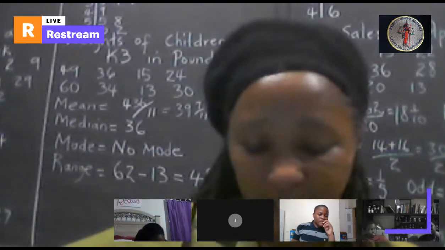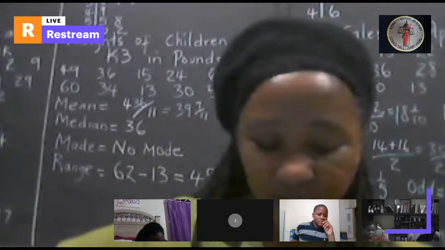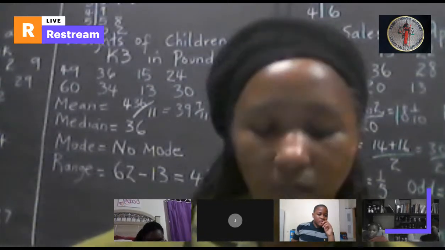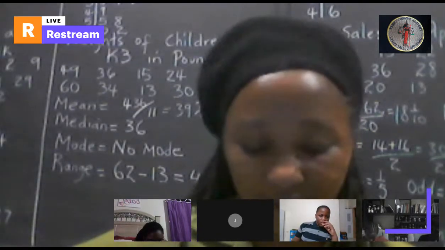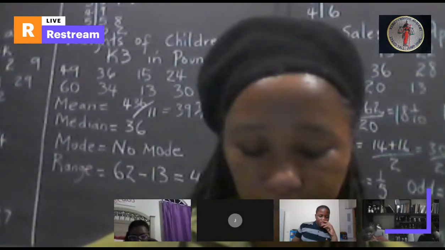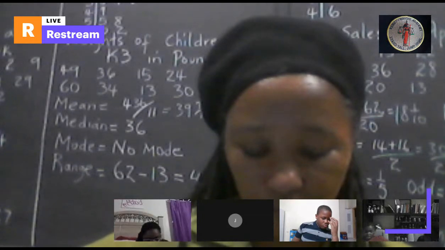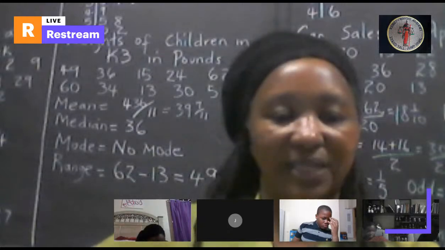So what's the probability of getting a multiple of 4? What's the probability of us getting a multiple of 4? Madison says 1/5.